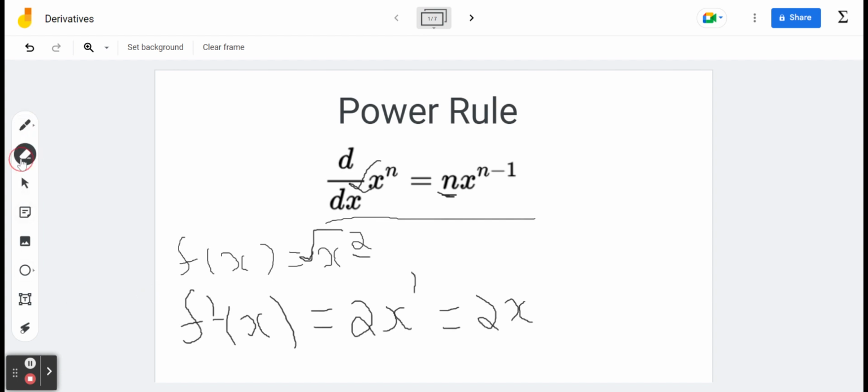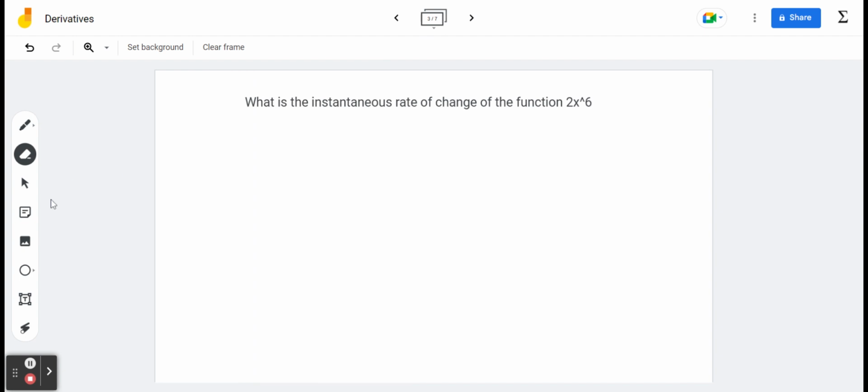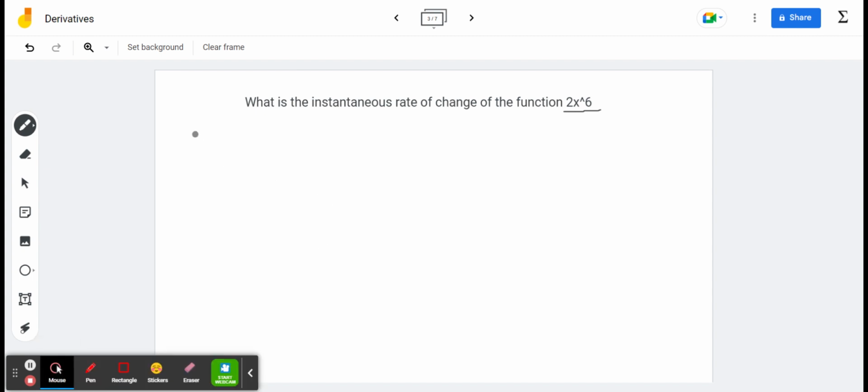Let's try a few more examples. So what is the instantaneous rate of change of the function 2x to the sixth? Okay, so 2x to the sixth. Let's apply our formula. So f of x equals 2x to the sixth.